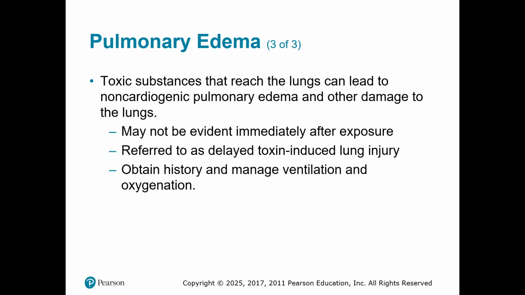It can be caused by toxic substances that reach the lungs, like chlorine. If you maybe sucked in some chlorine from the pool house, that could cause your lungs to have edema, and that could cause a pulmonary edema.